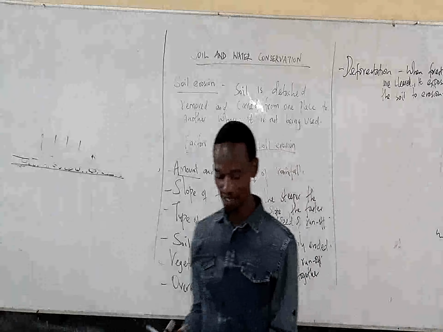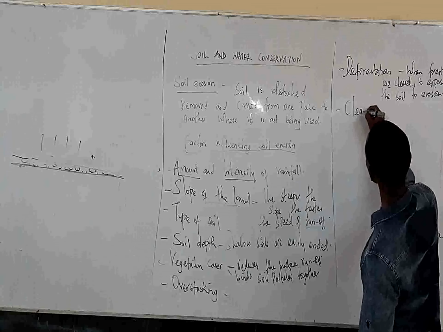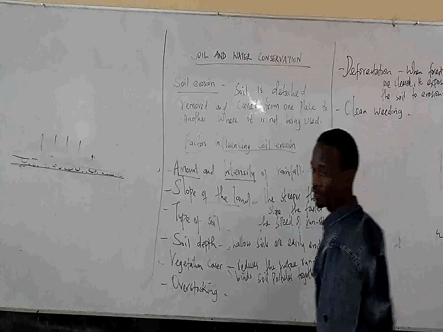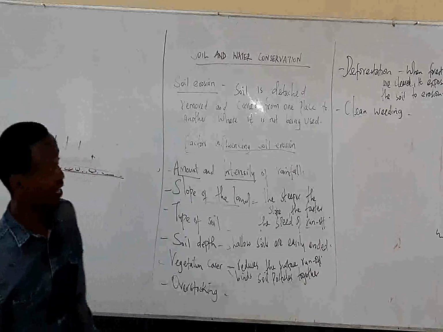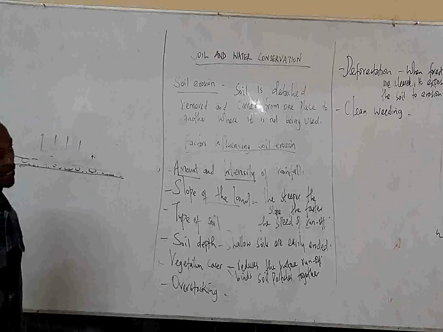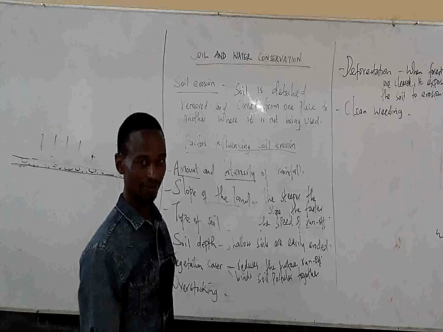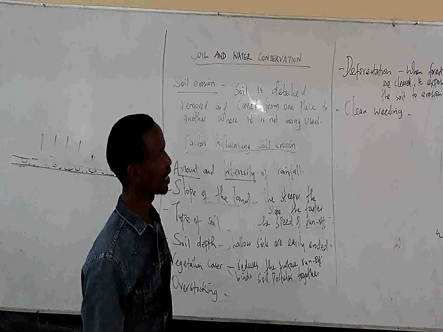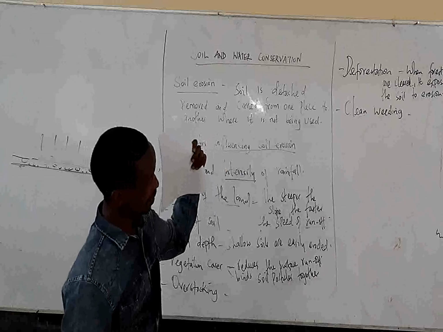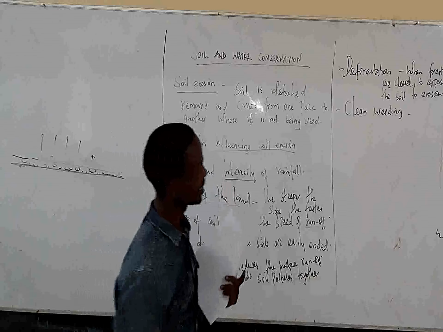So the other factor influencing soil erosion is green weeding. Green weeding refers to the practice whereby, when the farmer is weeding, you find that in between the rows we don't have any material which will trap the soil particles carried by the water, and that leads to soil erosion.